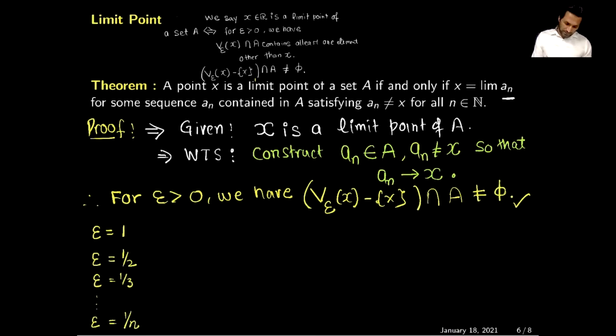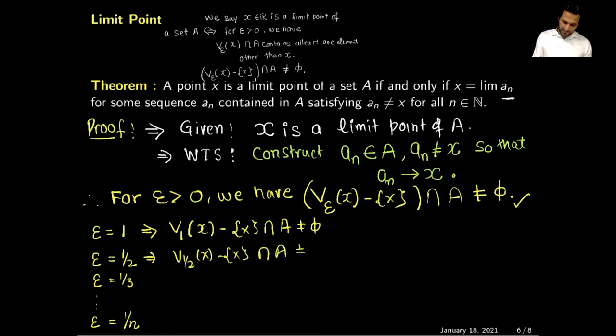In other words, if I take the neighborhood of radius 1 of x, take x away from this and intersect with A, that will be non-empty. Similarly, the neighborhood of radius 1 half of x other than x, intersection A, will be non-empty.